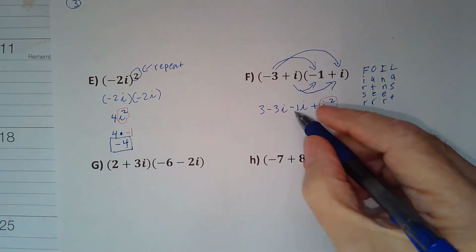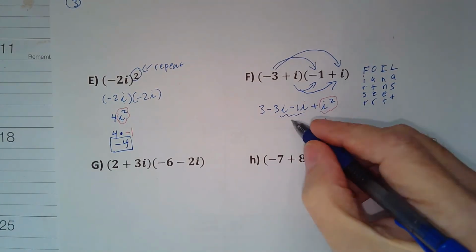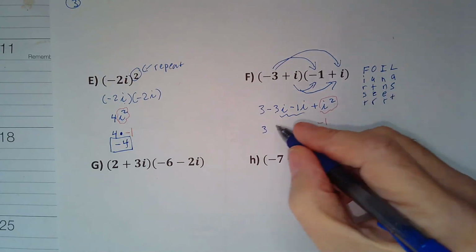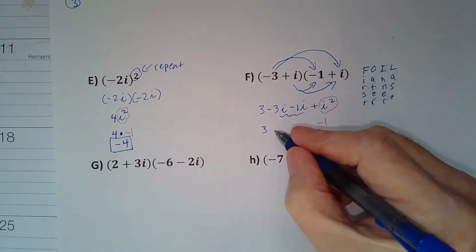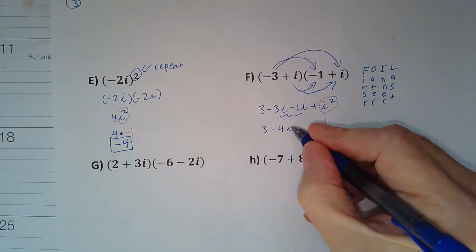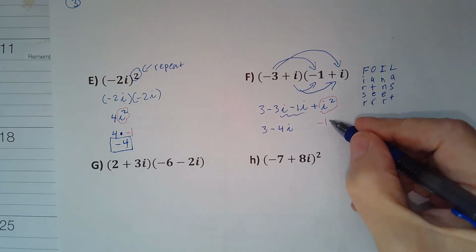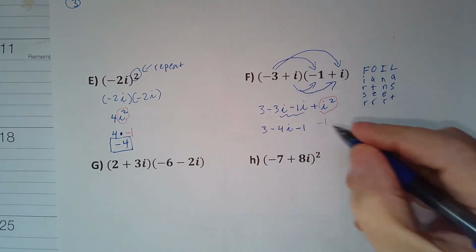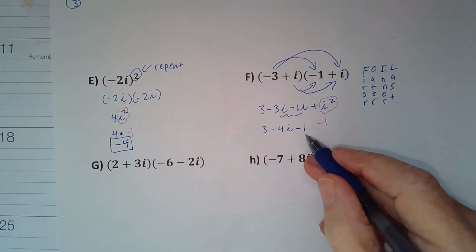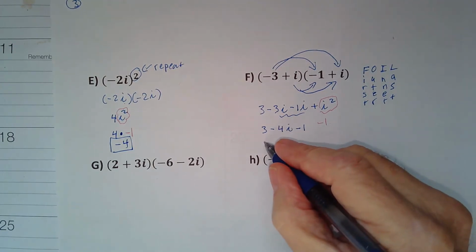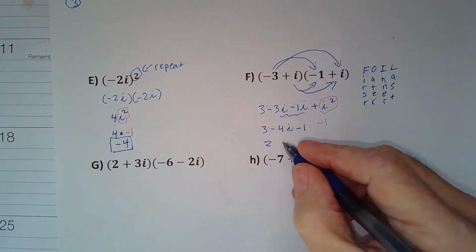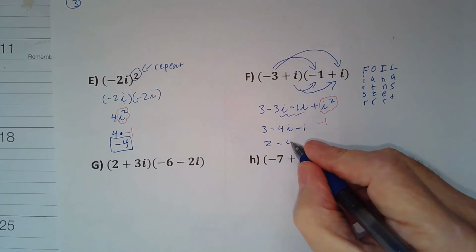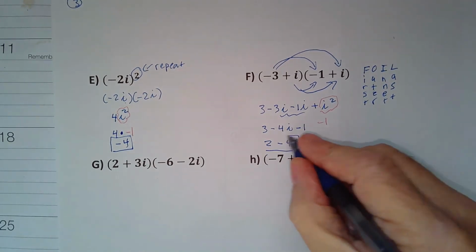So let's combine these. We got 3, this is negative 4i, and then this is negative 1. And then 3 minus 1 is 2. So you end up with 2 minus 4i. And there is your answer.